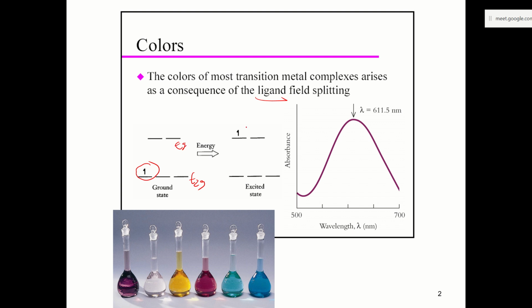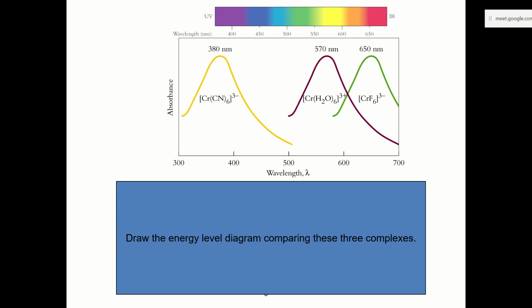If it is vacant, and you provide enough energy, then this transition can happen. If you are providing, in terms of wavelength, suppose 611 nanometer light, this particular thing can happen. So typically this is in titanium and some others, so look at this spectrum.